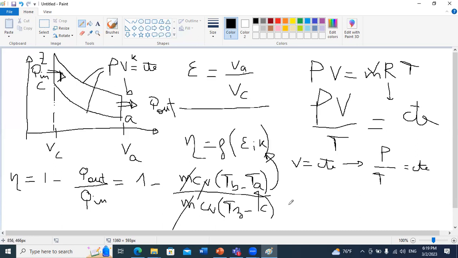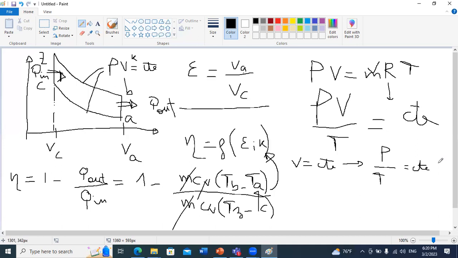We want to try to figure out epsilon and k. To do this, the best approach is to make ratios. Because whenever you have ratios, for example, between C and Z and between A and B, we have P over T constant.